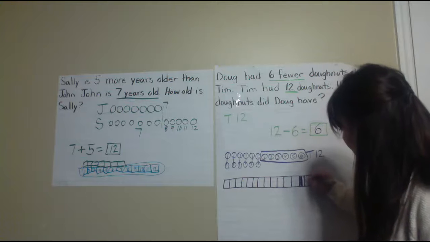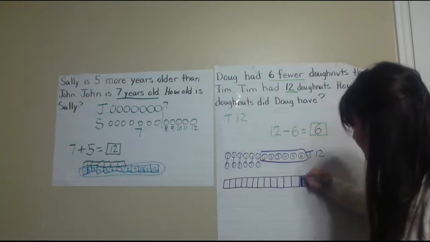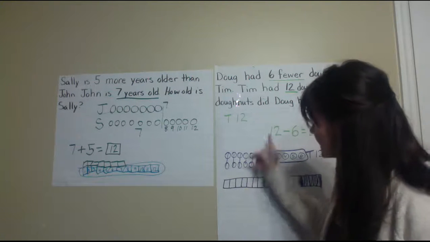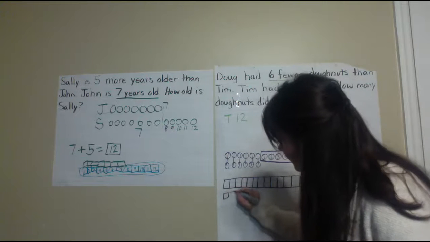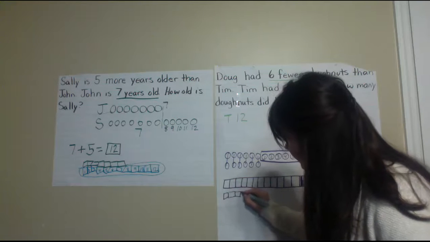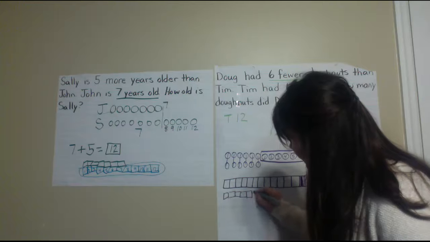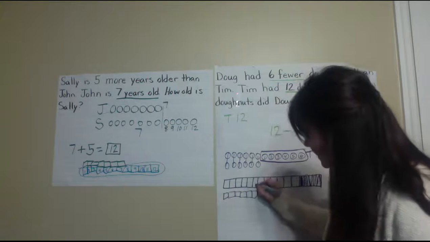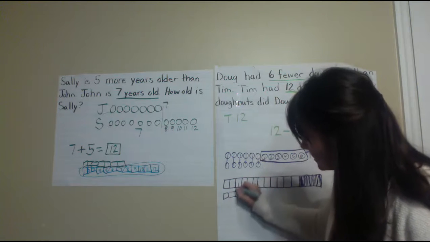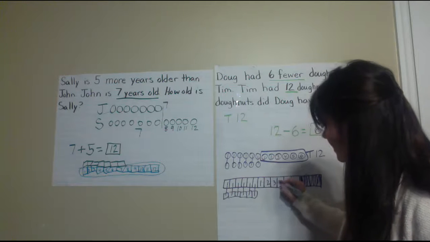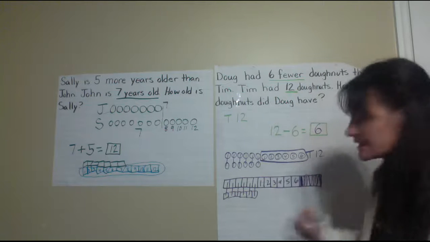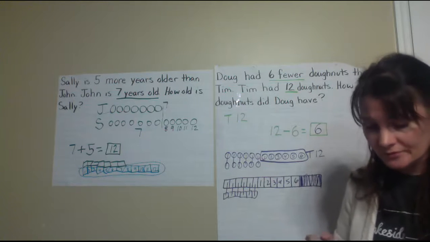And we'll just erase that. And then I have my 6 because he had 6 fewer. 1, 2, 3, 4, 5, 6. Again, I can match those up. And it tells me I have 1, 2, 3, 4, 5, 6 left over.